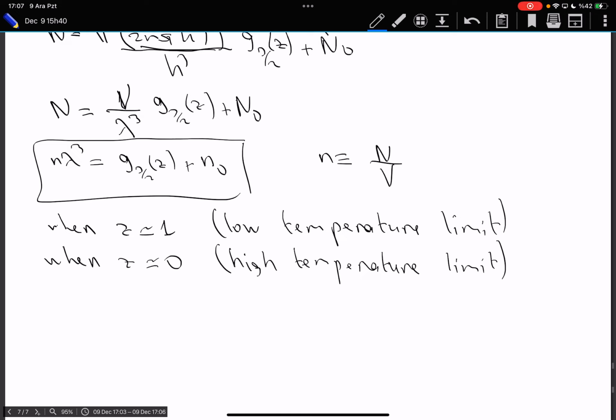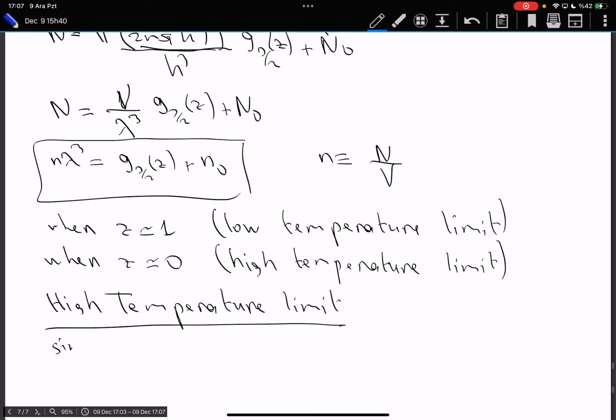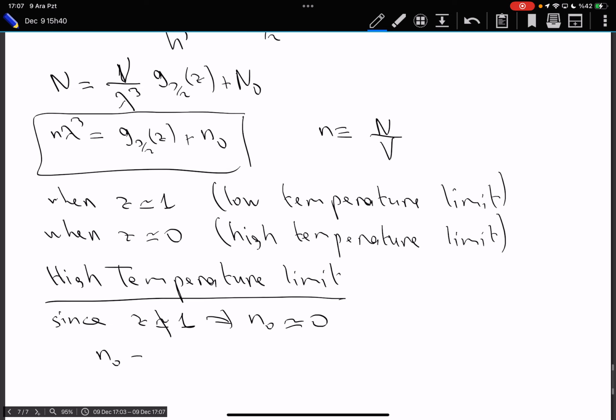Now, since z is not close to 1, N0 is almost 0. It is just some finite number. Remember N0, which is N0 over V, which is 1 over V times 1 over (1 over z minus 1).